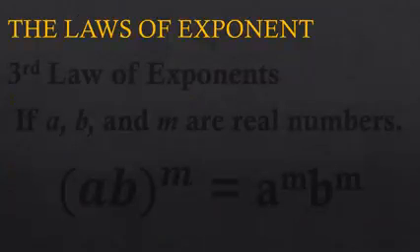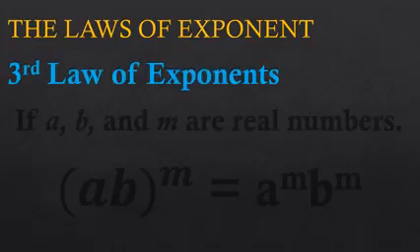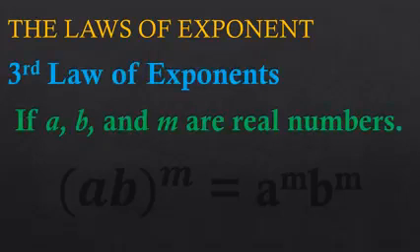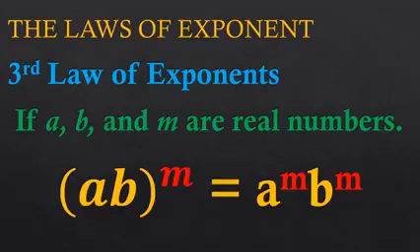Let's now proceed to the third law of exponent. If a, b, and m are real numbers, then a times b to the mth power is also the same as a raised to m, b raised to m.